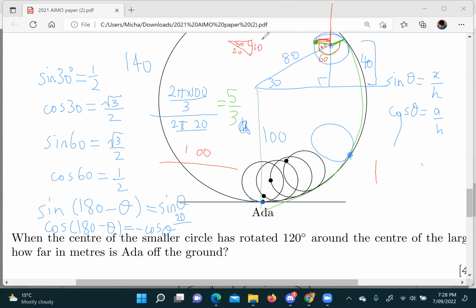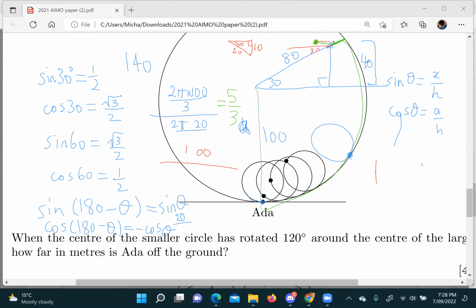Okay, so I think I did it a different way when I solved it. For some reason, I drew a horizontal this way, and I knew this angle was 30, and because this angle was 60, this angle was also 30.